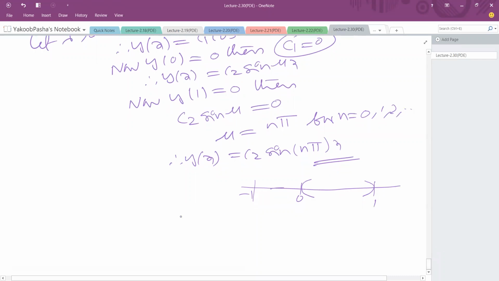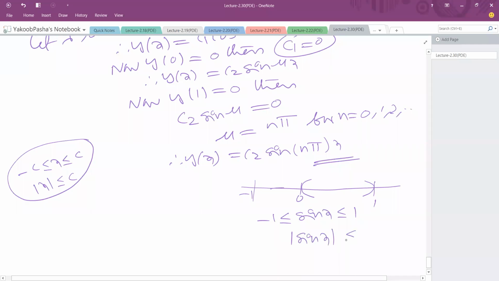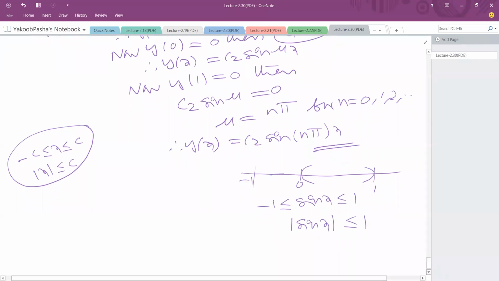We know -1 less than or equal to sin x less than or equal to 1, so by the modulus property, modulus of sin x is less than or equal to 1.